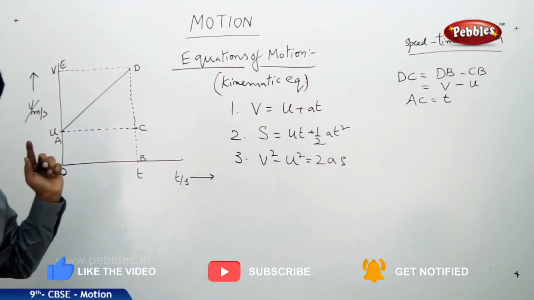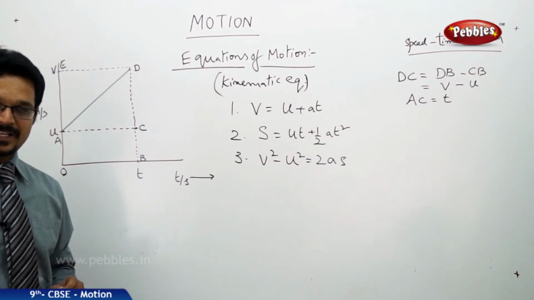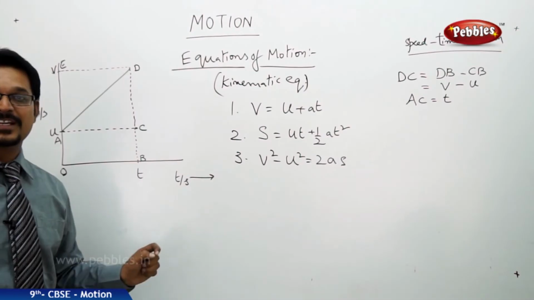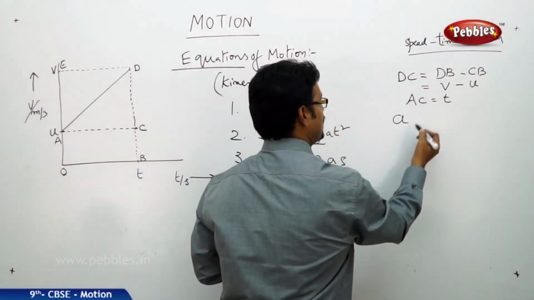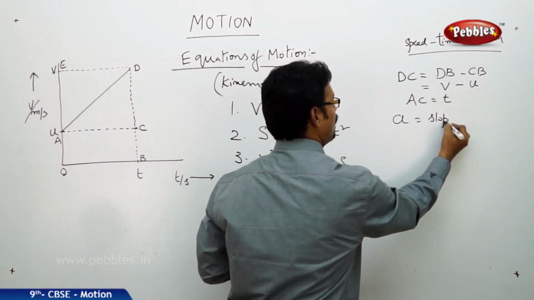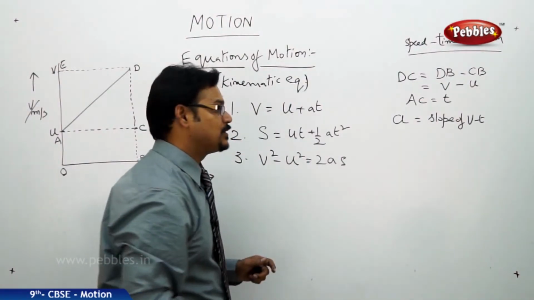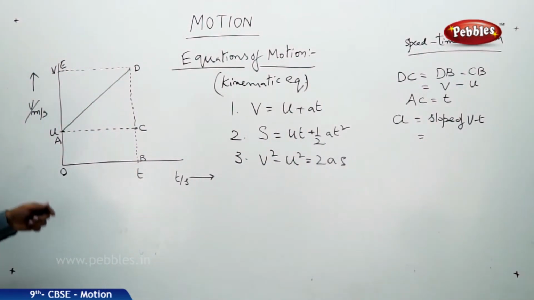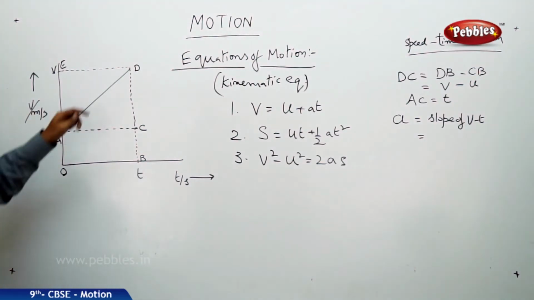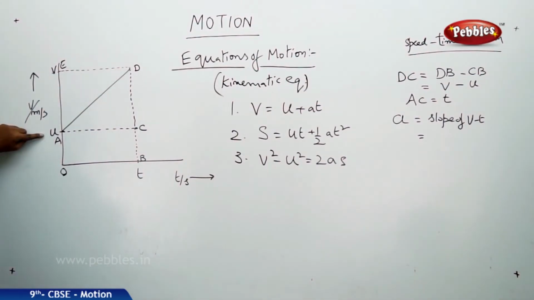Earlier I have taught you that to find acceleration, we need to use the slope of the VT graph. So acceleration A equals the slope of the VT graph. Now slope, the formula I have told you, you can take y2 minus y1 by x2 minus x1. See, this is y2, this is y1.